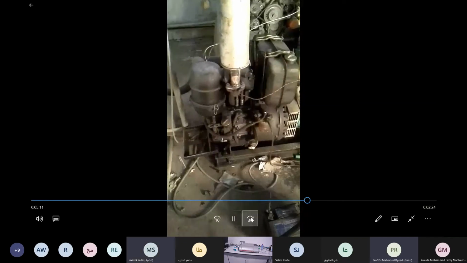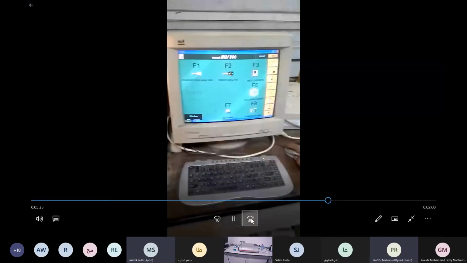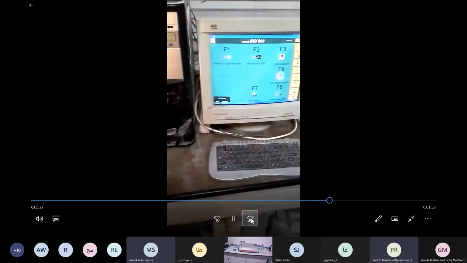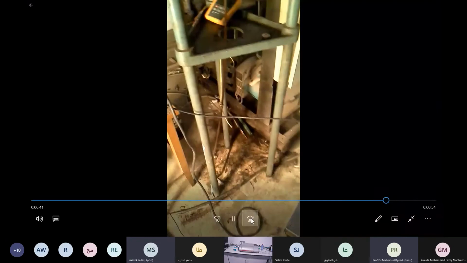Load 3 kilowatt. Maximum load of 4 kilowatt with normal operating condition.